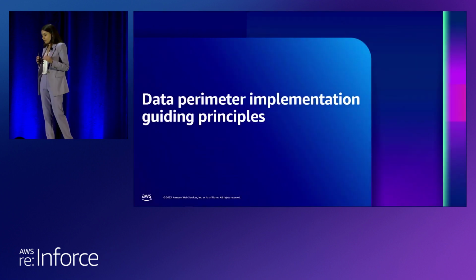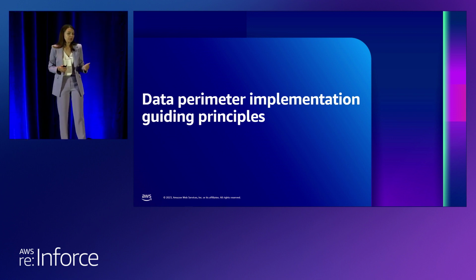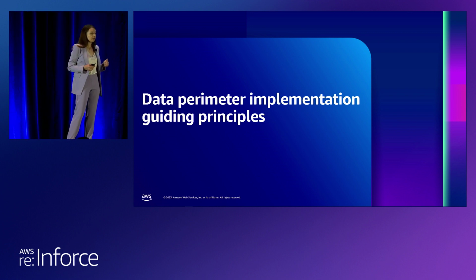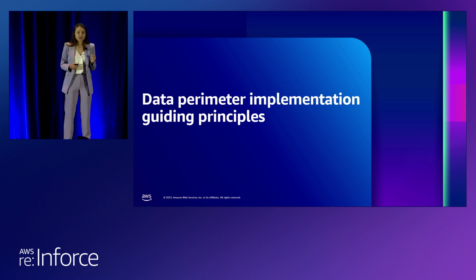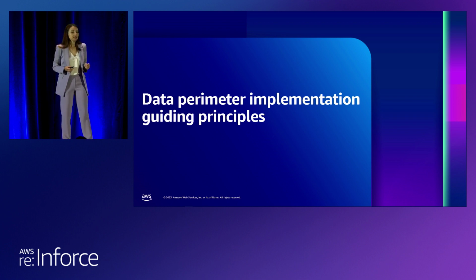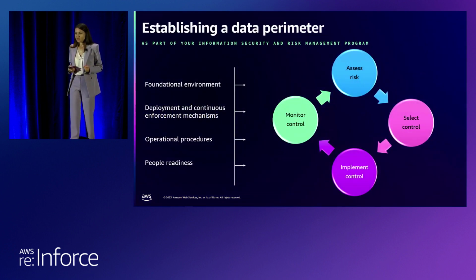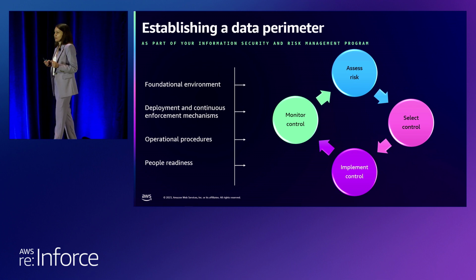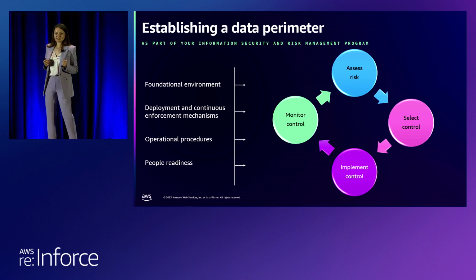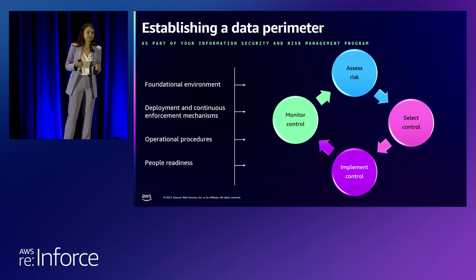All right, now that we know what data perimeter is at a high level, we know its role within the overall access management strategy. Now I want to talk about where and how to start implementing data perimeter controls in your environment. So I already said that data perimeters is a set of IAM authorization controls that help you mitigate specific security risks.